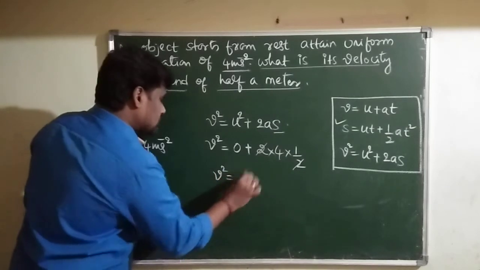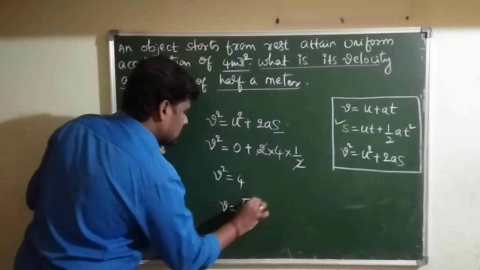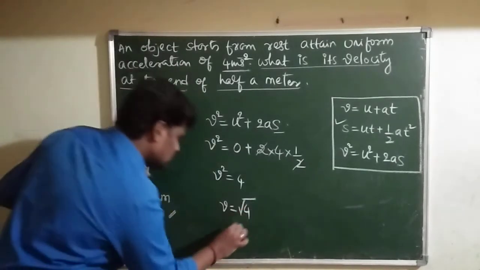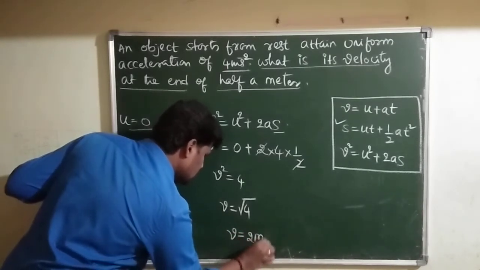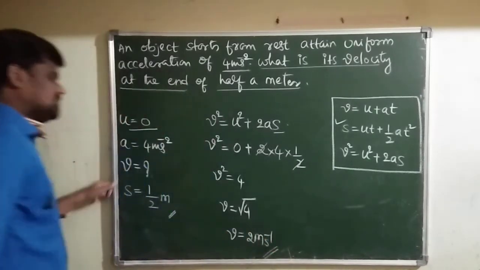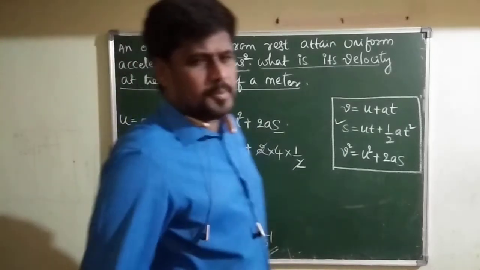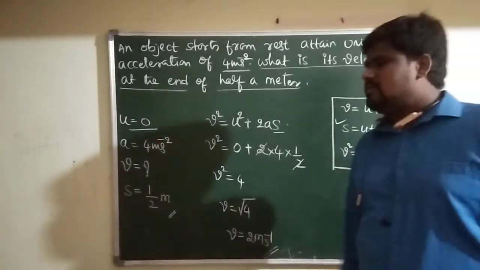Then V square equals 4, therefore V equals root of 4, which is 2 meter per second. The velocity of the body is 2 meter per second. So this is another example which is given in your book.